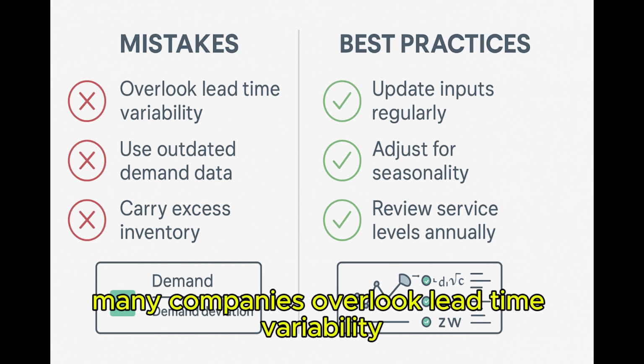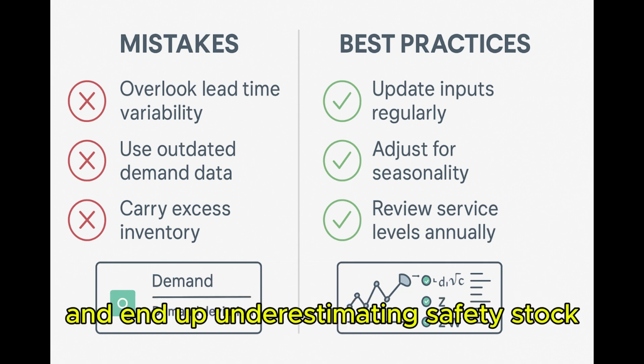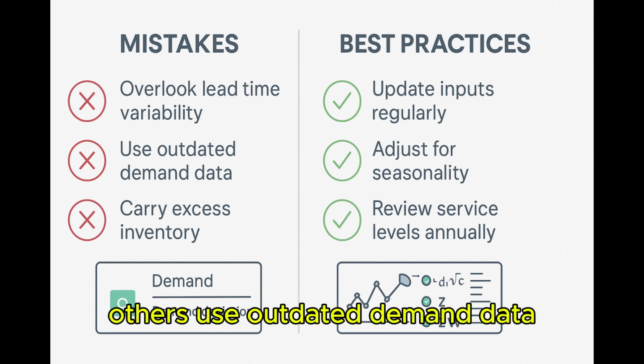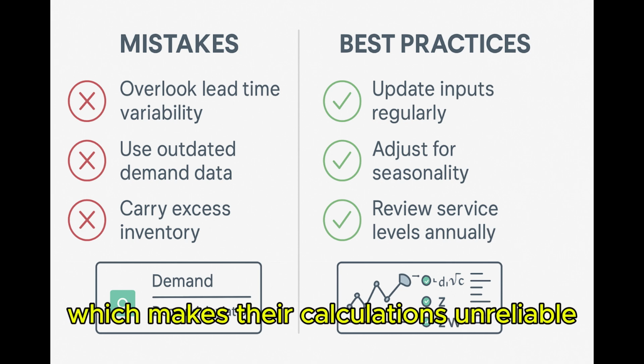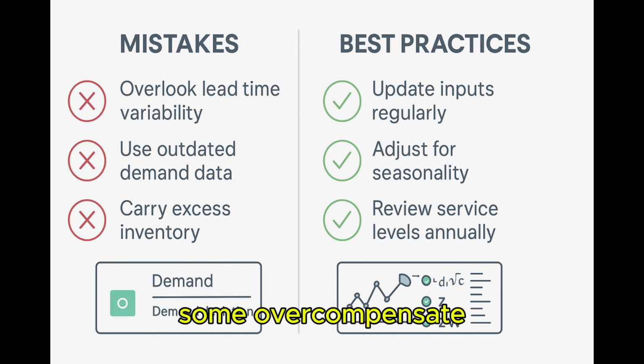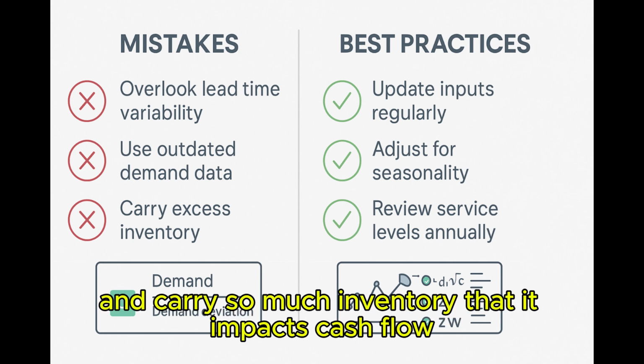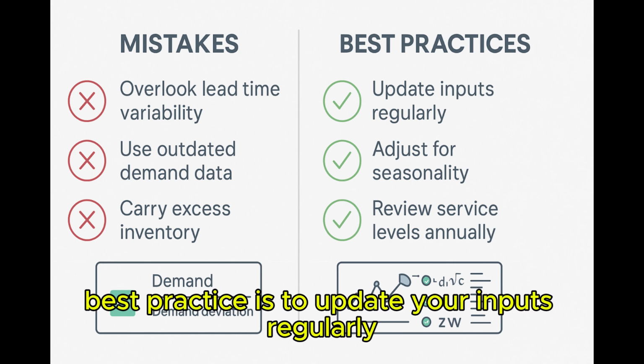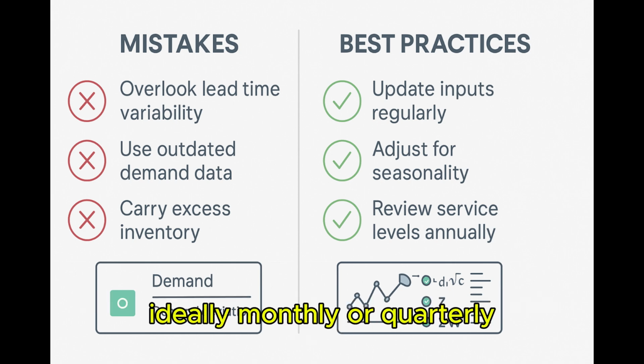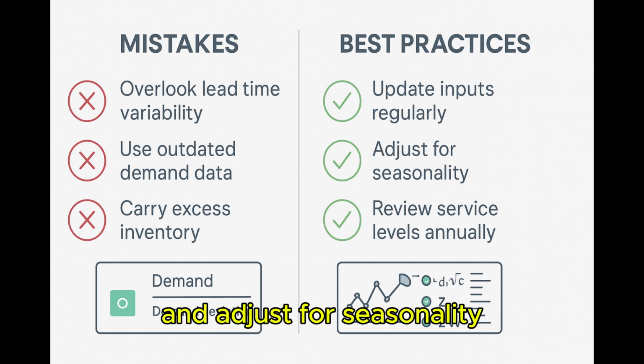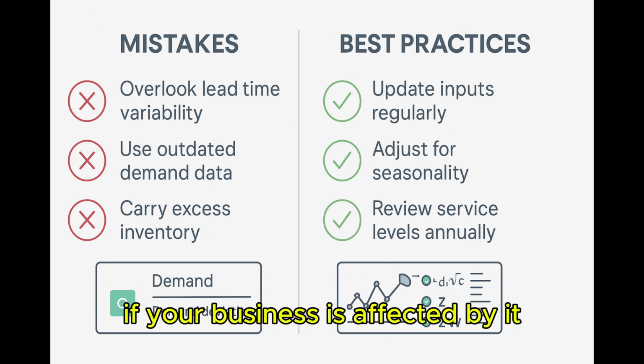Many companies overlook lead time variability and end up underestimating safety stock. Others use outdated demand data, which makes their calculations unreliable. Some overcompensate and carry so much inventory that it impacts cash flow. Best practice is to update your inputs regularly, ideally monthly or quarterly, and adjust for seasonality if your business is affected by it.